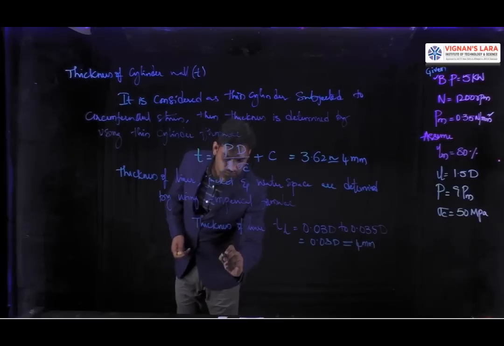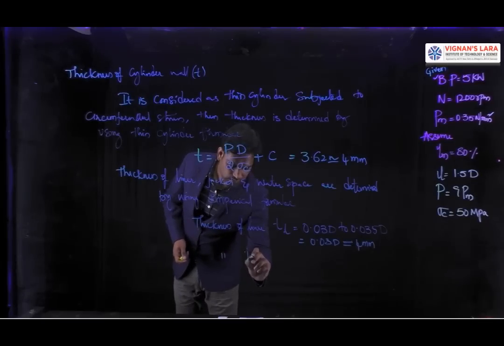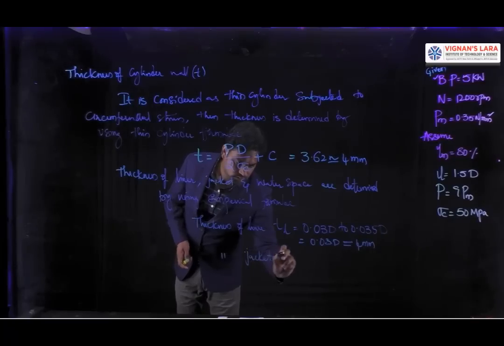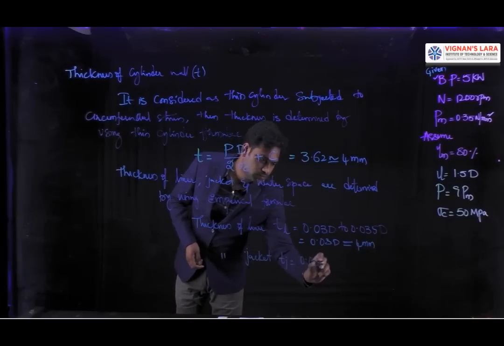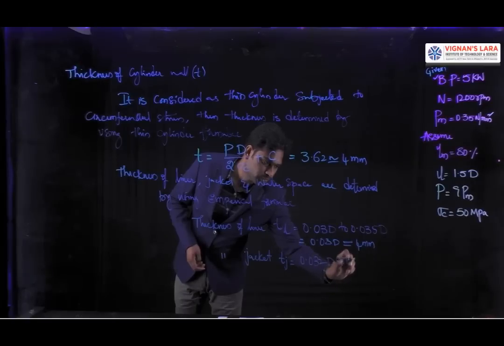And then thickness of water jacket. So that is Tj. So it is given by 0.032 D plus 1.6 mm.